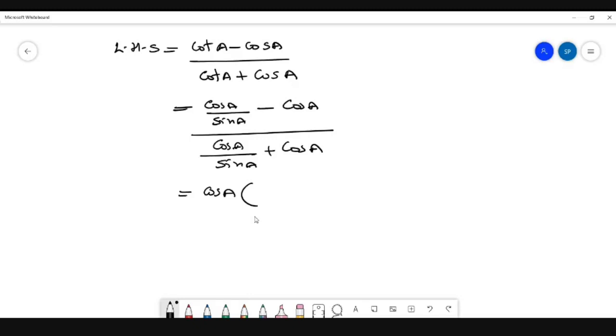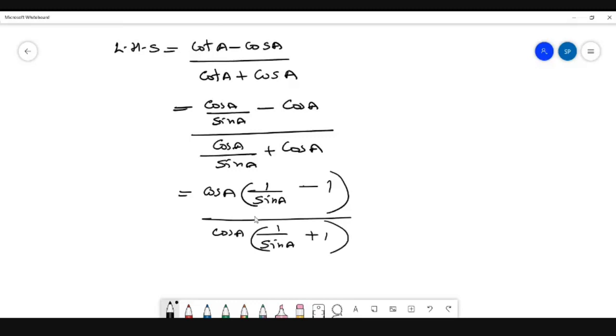If you take cos A out, we get the remaining 1 by sin A minus 1, whole divided by, and from these two, 1 cos A is taken out, again 1 by sin A plus 1.